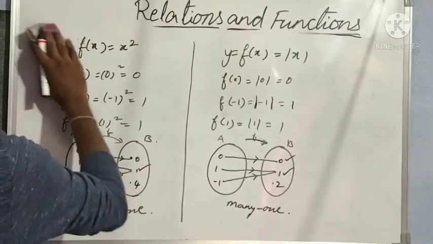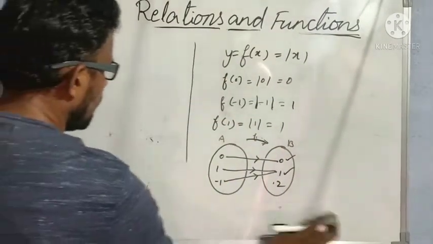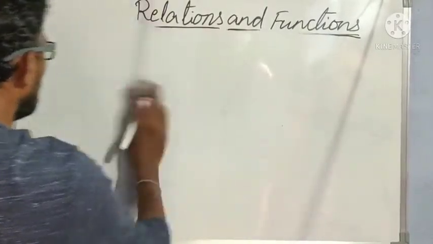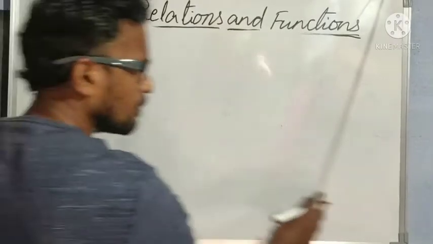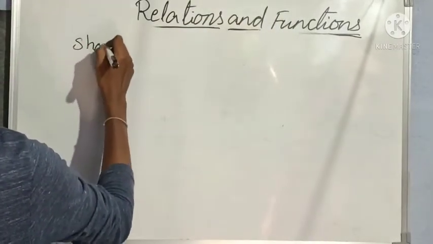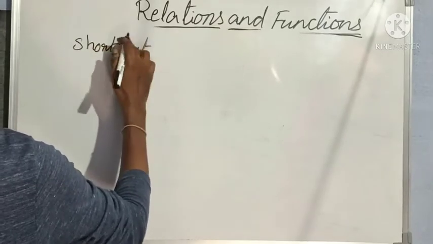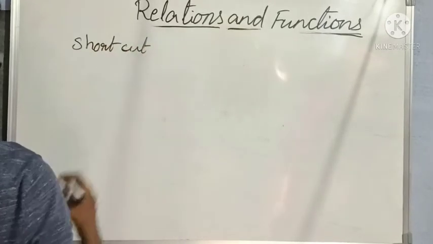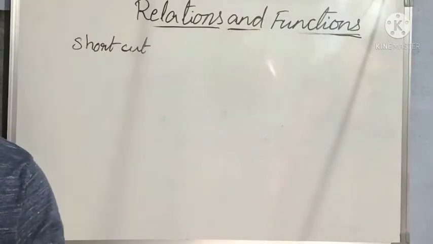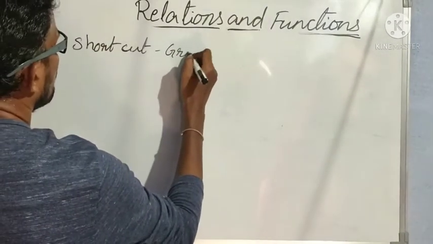Shortcut we can identify by using graph. Okay. So we have a shortcut, the graphical method.